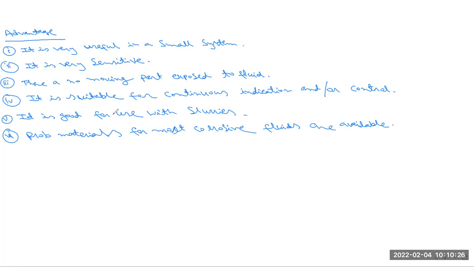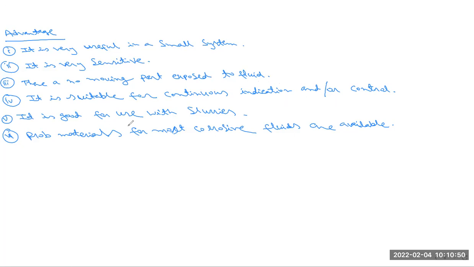So it is very useful for a small system. Number two, it is very sensitive, so any little change in the level measurement is 100% recorded. Number three, there are no moving parts in this system. Number four, it is suitable for continuous indication and or control of level measurement.